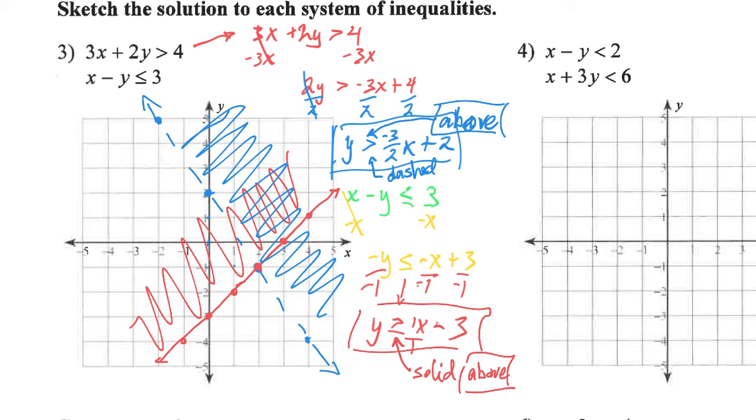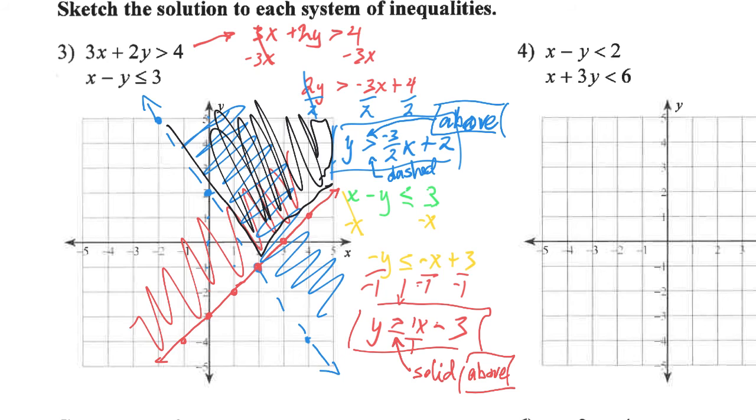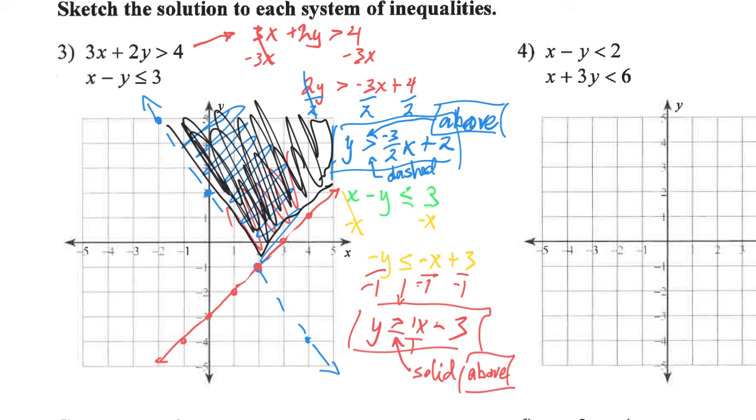So I'm going to shade that with black. It's going to shade everything in this section here. So that would all get shaded. And I should not shade these parts here. So I'm going to erase anything that's not shaded. If I'm graphing this, I would only shade where it's supposed to be shaded. Okay.